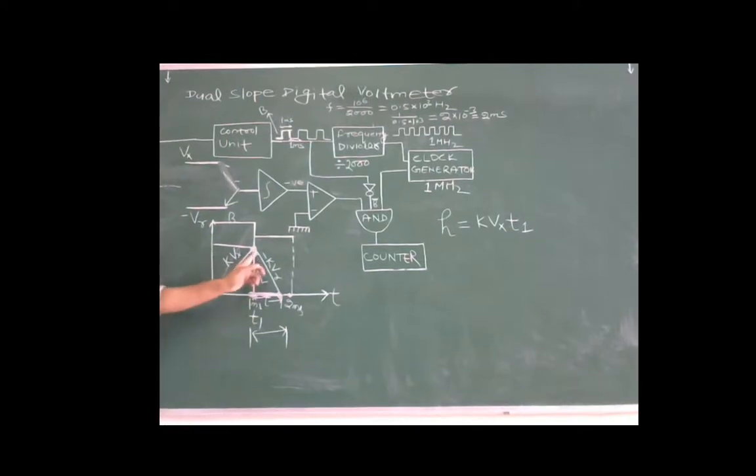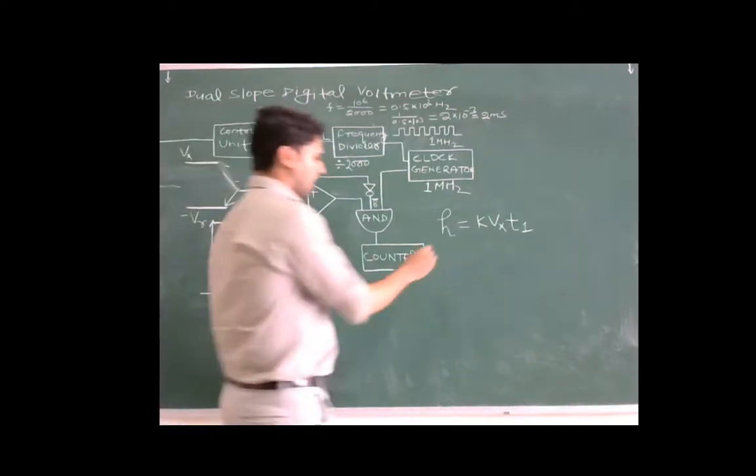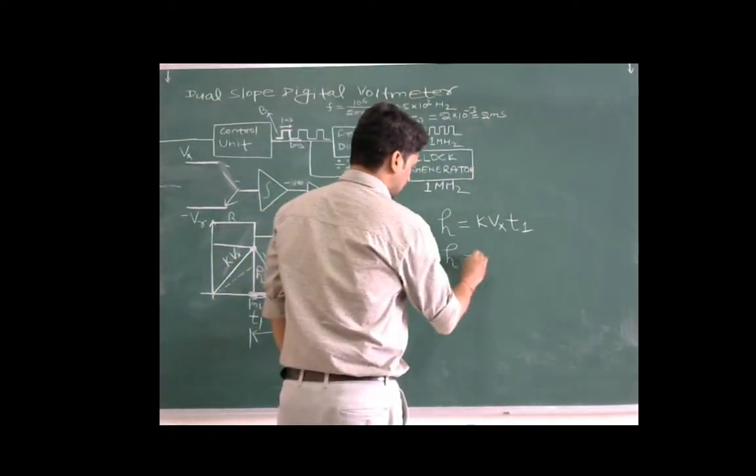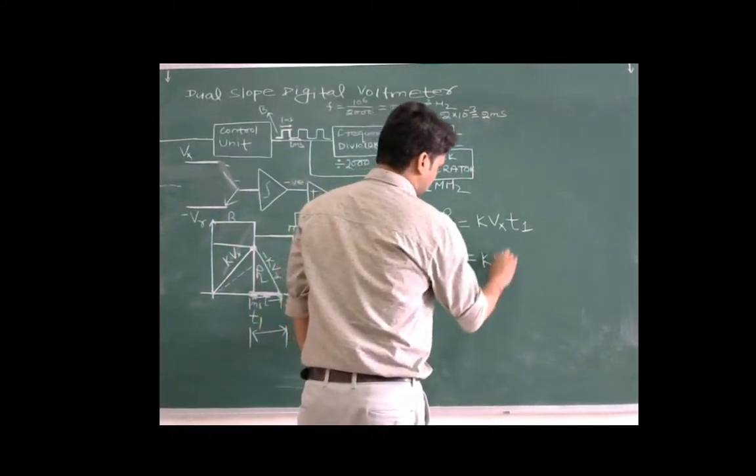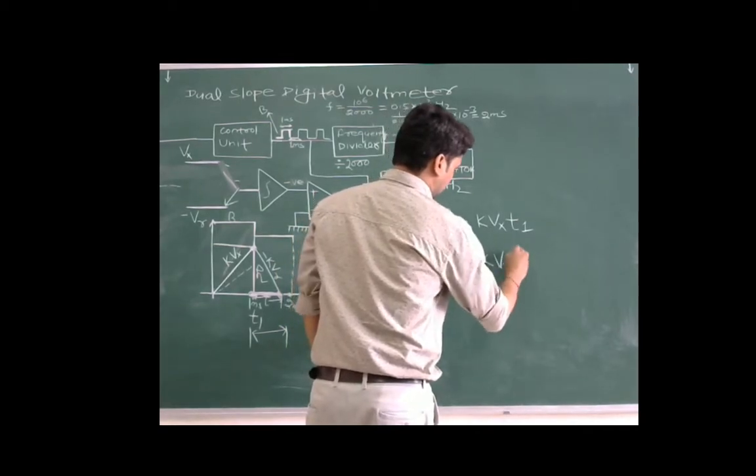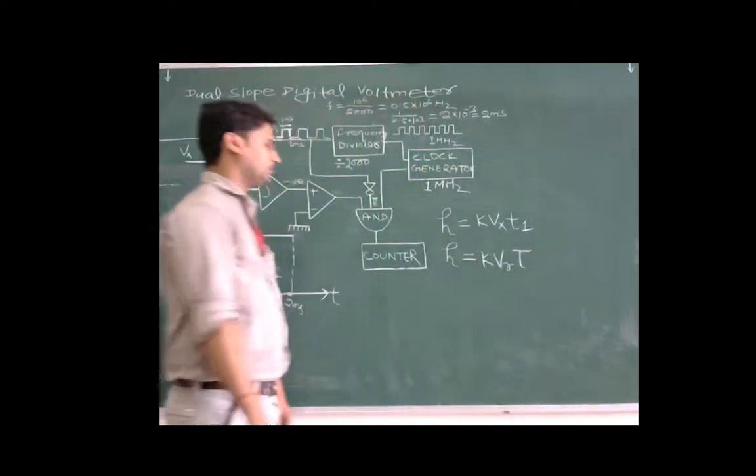By using this slope, we can also calculate the height h, and this height h will be equal to minus k into Vr into tau, because the time interval of falling is tau and the rate of falling is minus k into Vr. So we can write h as k into Vr into the time interval tau.